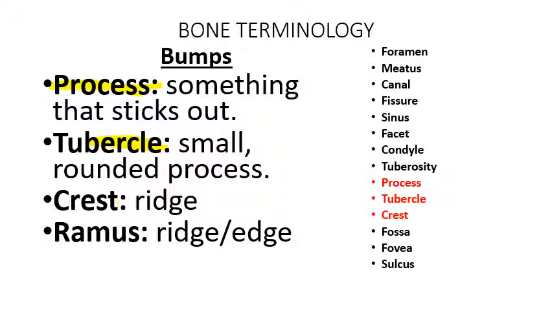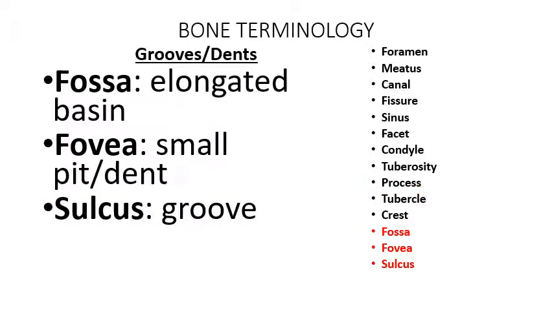So a crest is basically a ridge, right? So a long angular surface. And a ramus is a ridge or an edge as well, usually a flatter surface. All right, what about giving names to grooves and dents?